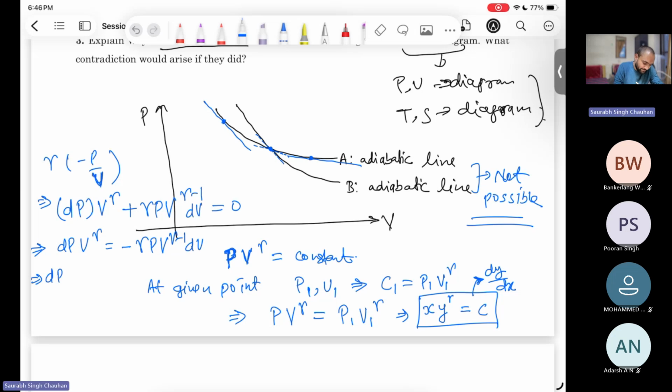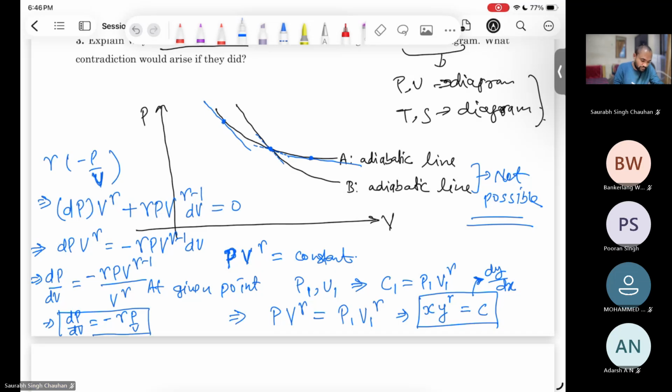So dP by dV is equal to minus gamma P V to the power gamma minus 1 divided by V to the power gamma, and that becomes dP by dV equal to minus gamma P by V. Okay, so that's what you told. Correct. This is the slope.